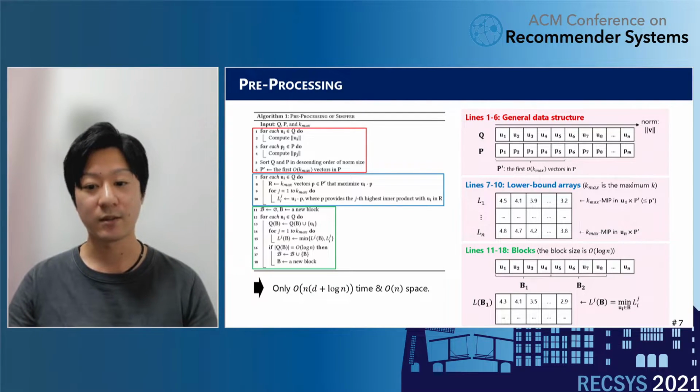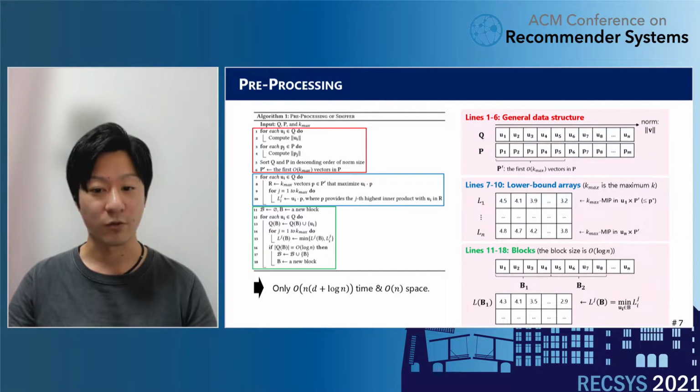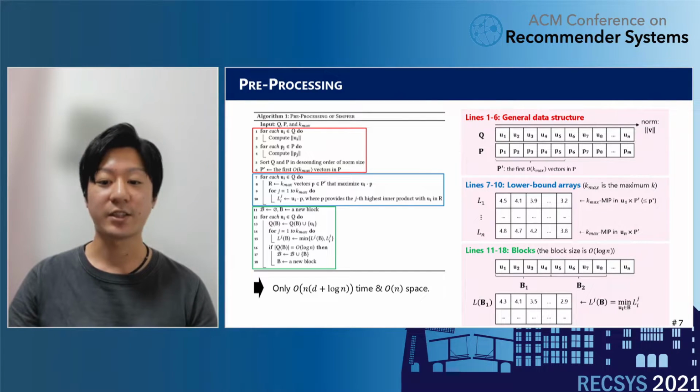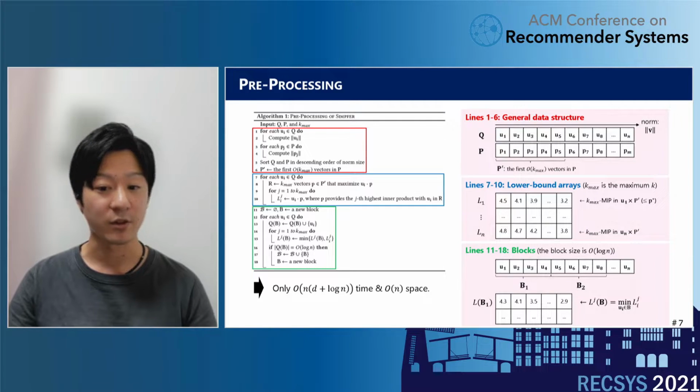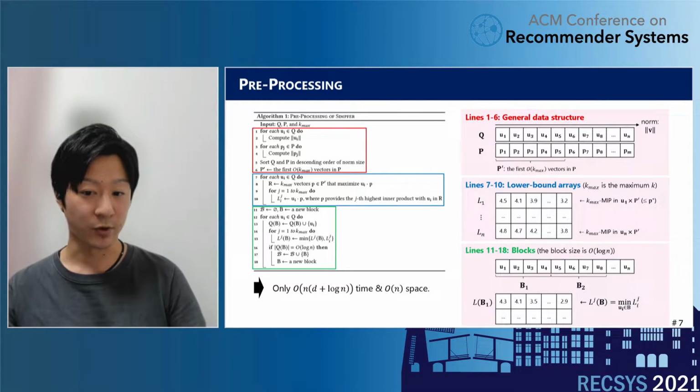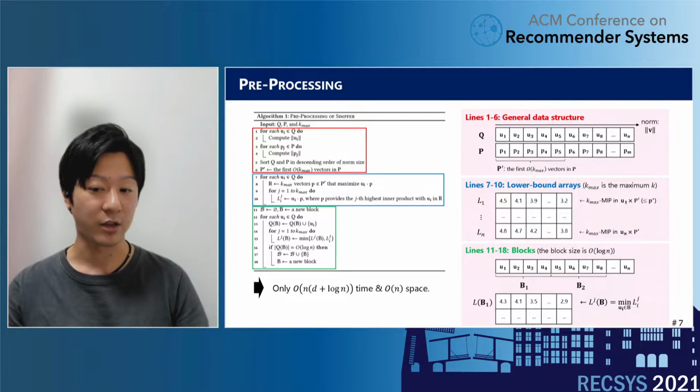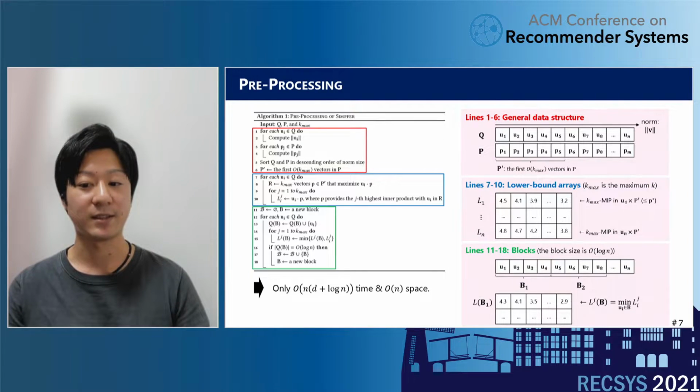For instance, the first element of the array for U1 is a lower bound of its maximum inner product. Last, we make blocks to group user vectors. For each block, we make a lower bound array that is an aggregation of the lower bound arrays of the user vectors in this block. This preprocessing needs only O(n log n) time and O(n) space, so it scales to large datasets.